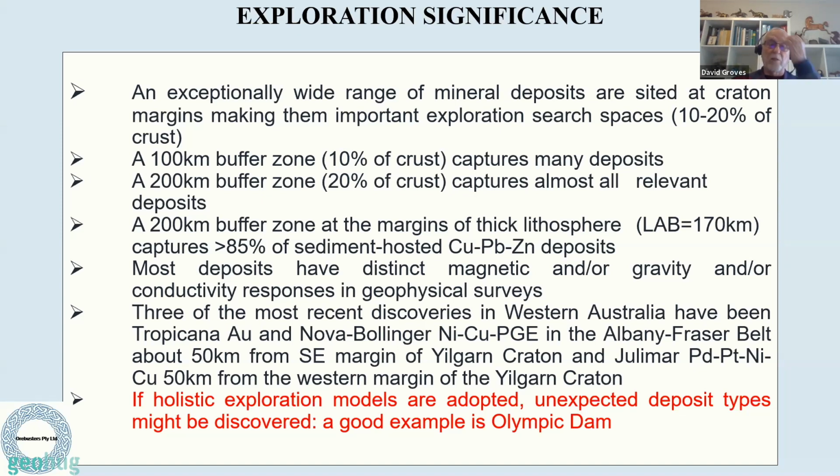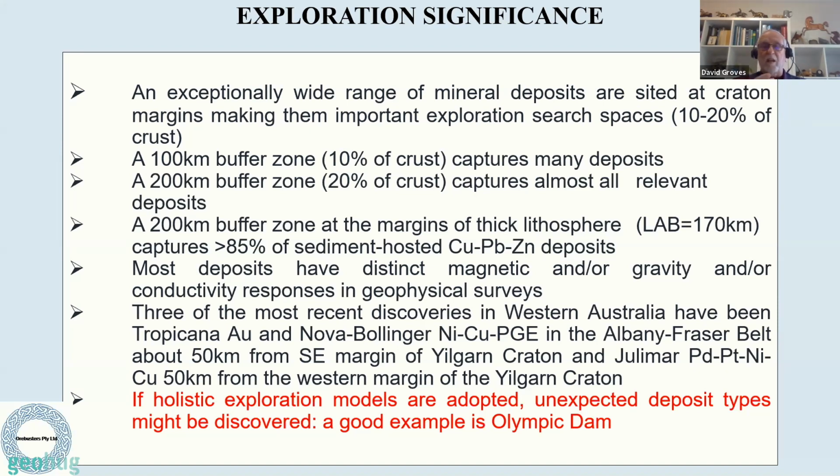For example, all those nickel deposits in China would fit. A 200 kilometre buffer zone captures almost all the relevant deposits. Then a 200-kilometre buffer zone of the margins of thick lithosphere captures 85% of sediment-hosted copper, lead, zinc deposits.